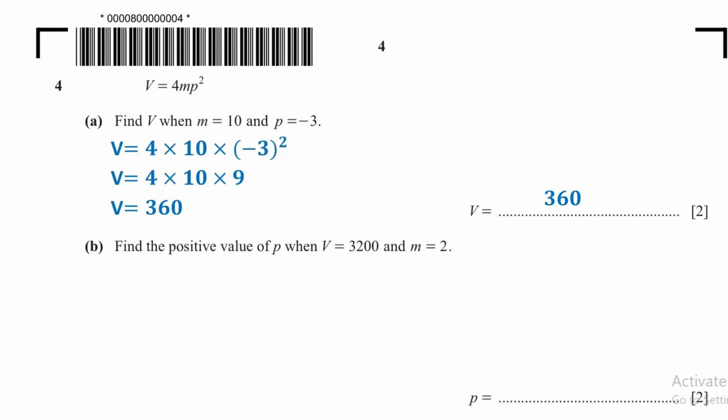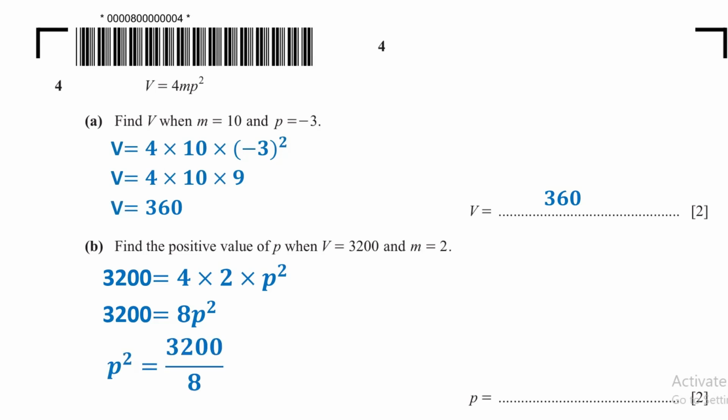That gives 3,200 equals 4 times 2 times p squared. This reduces to 3,200 equals 8p squared. Dividing both sides by 8, we have p squared equals 3,200 divided by 8, which is equal to 400.